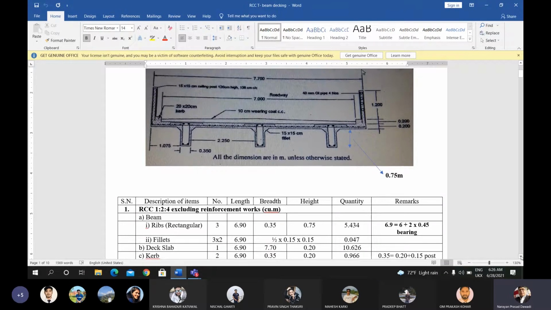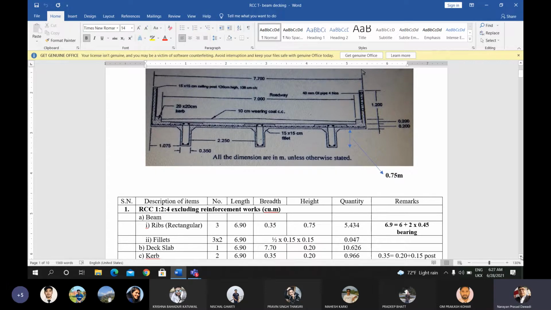Up to the end of the railing post, the total width will be 0.20 plus 0.15, which gives the value of 0.35, and the height of the curb is 0.20. So the sectional area of the curb will be 0.20 into 0.35.